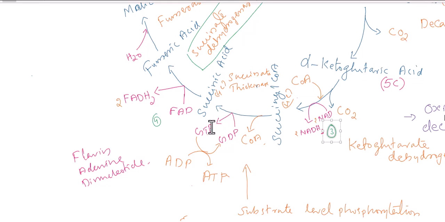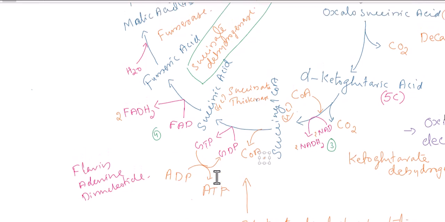So that is substrate level phosphorylation. From the substrate, phosphorus is given to GDP, so it is converted to GTP. The GTP can immediately donate that phosphorus to ADP, so ATP can be produced.